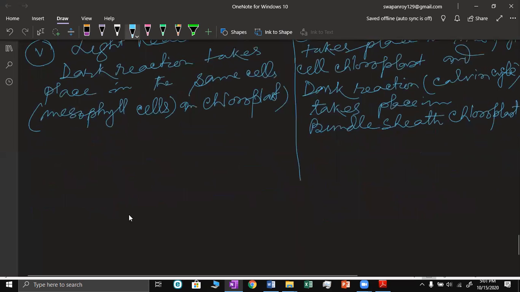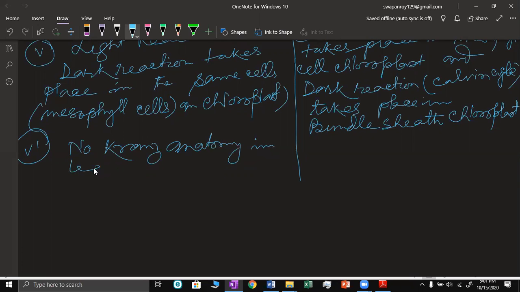Okay. Next is number 6. C3 plants do not have Kranz anatomy in the leaf.